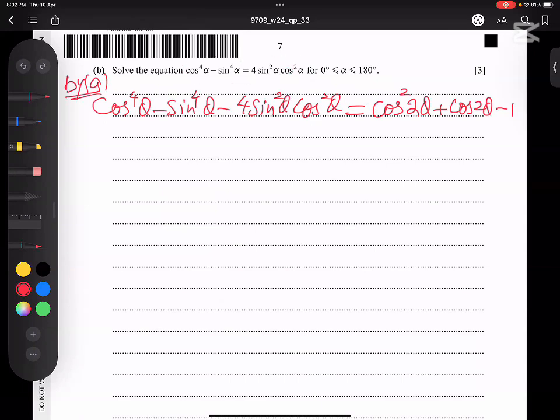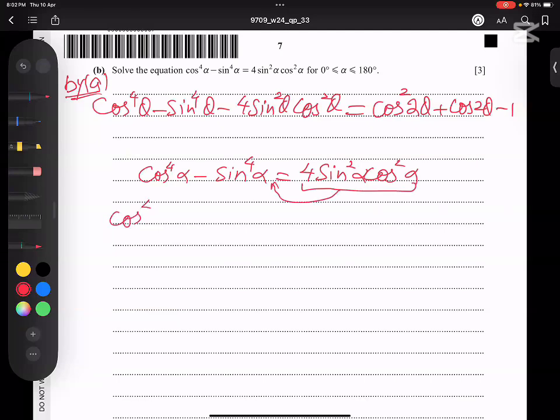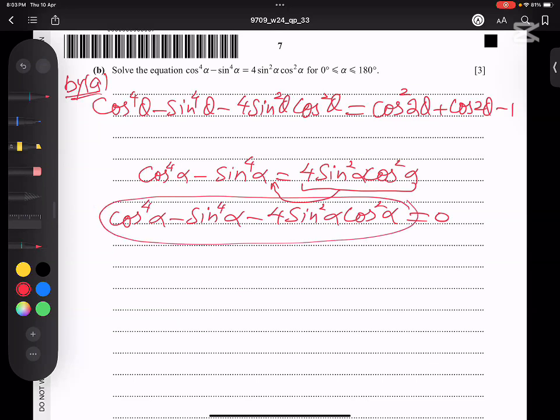This equation I'm copying: cos 4 alpha minus sine 4 alpha minus 4 sine squared alpha cos squared alpha. If I bring this whole thing here, it will convert into this form: sine square alpha cos square alpha equal to 0. Now check it, students, is this the same or not the same?